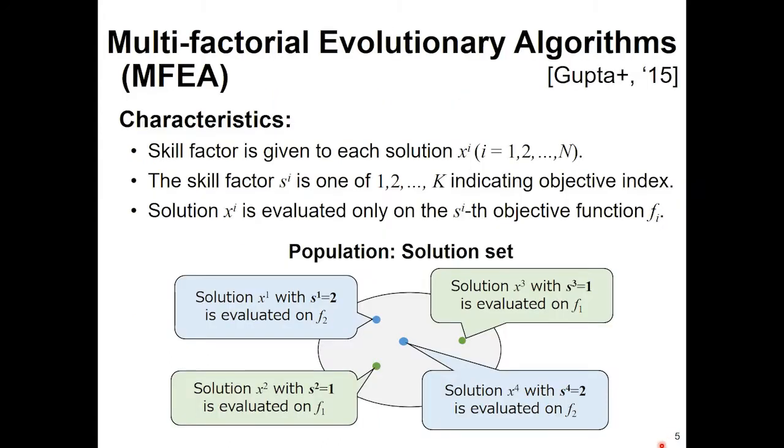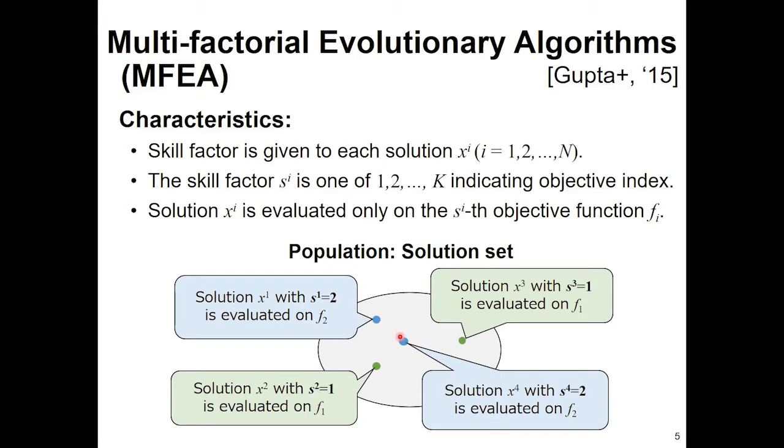In a representative algorithm for multifactorial optimization, named the multifactorial evolutionary algorithm, MFEA, each solution has a scale factor Si indicating an objective function index, and solutions are evaluated only on the objective function that is indicated by the scale factor. For example, in this figure, there are 4 solutions x1, x2, x3, and x4, and 2 objective functions f1, f2.